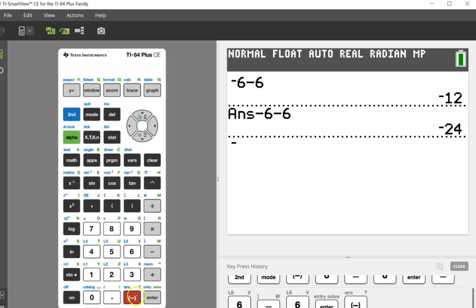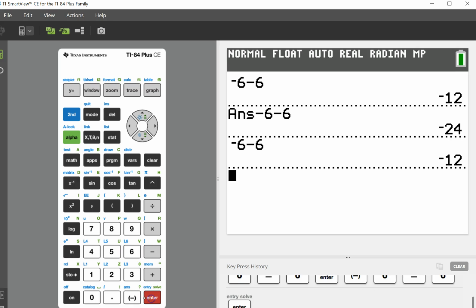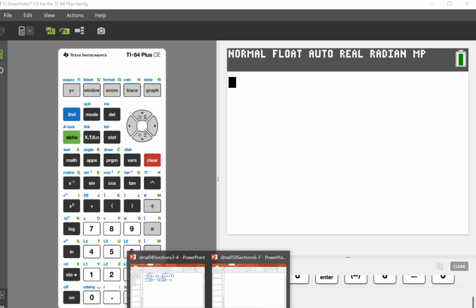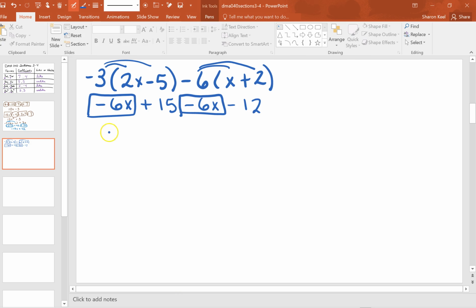Always use this at the bottom. If the first value is negative, you would do negative 6 and then minus 6. So we have negative 12x, and then we have 15 minus 12, which leaves us with a positive 3.